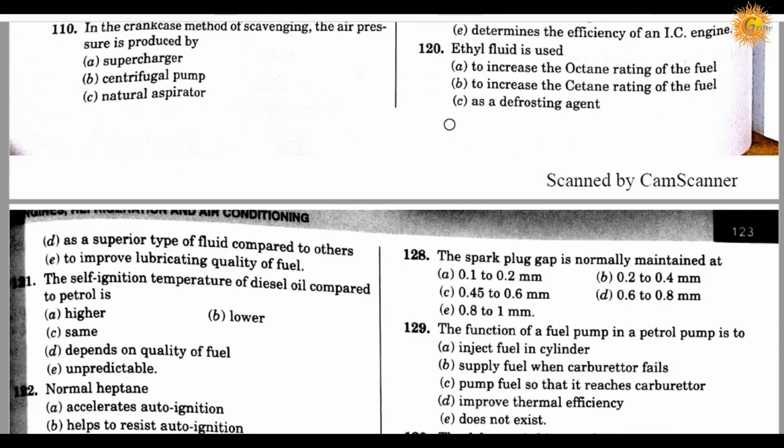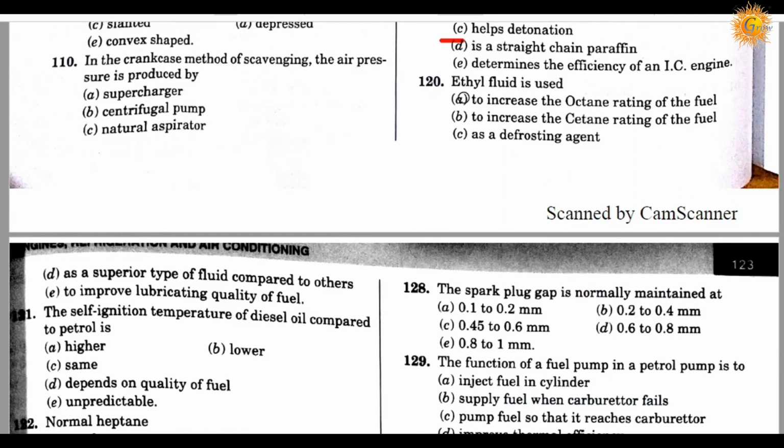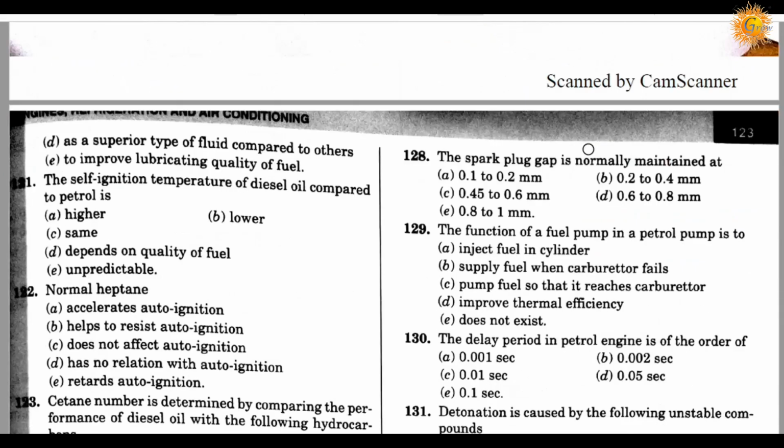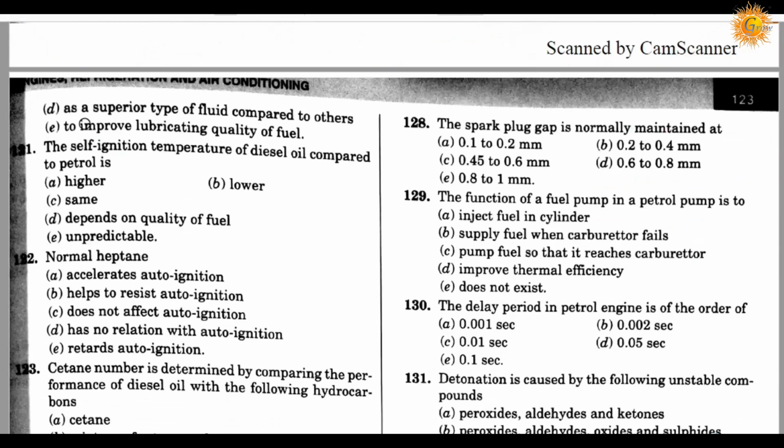Question number 120. Ethyl fluid is used, option A, to increase the octane rating of the fuel, option B, to increase the cetane rating of the fuel, option C, as a deforesting agent, option D, as a superior type of fluid compared to others, option E, to improve the lubricating quality of fuel.